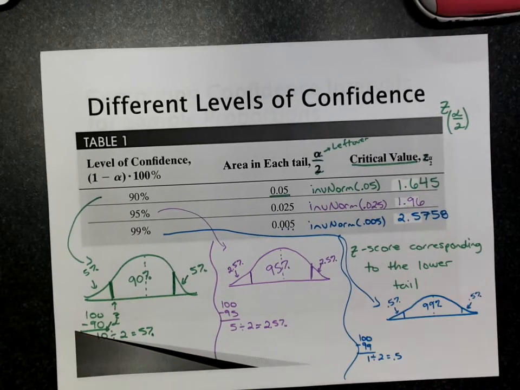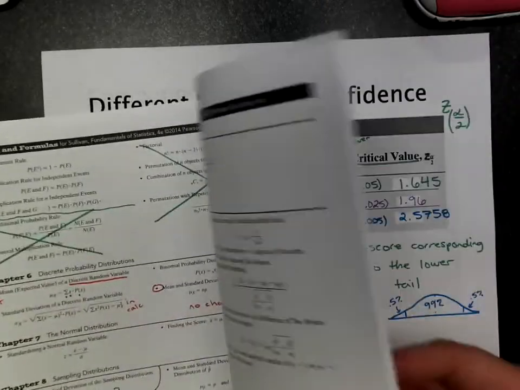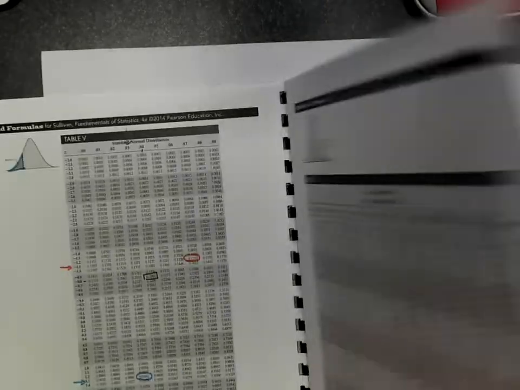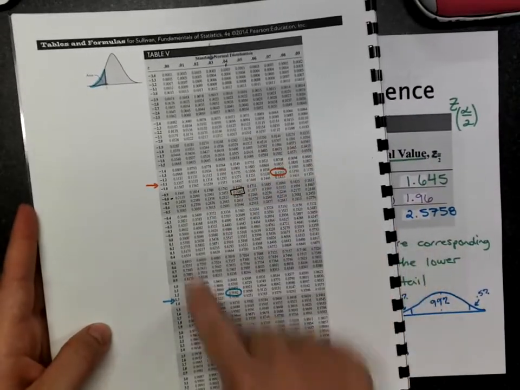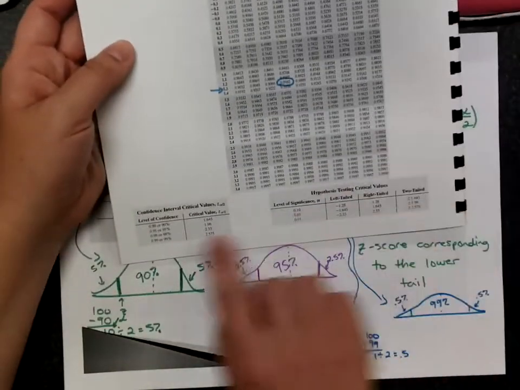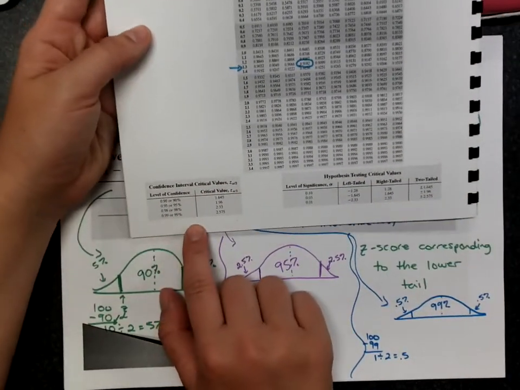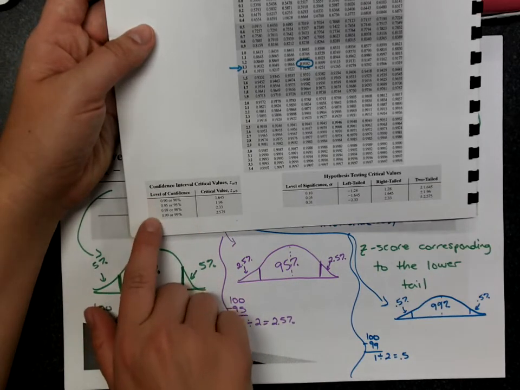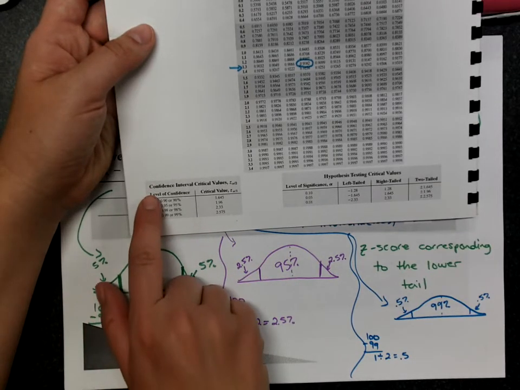Now there is a chart at the end of your formula booklet. So if you turn in your formula booklet to the end, I believe it's table 5, where we're looking up the normal values, the probabilities with the particular z-scores. Below that, you have this little chart in the corner, and it gives you 4 common levels of confidence.